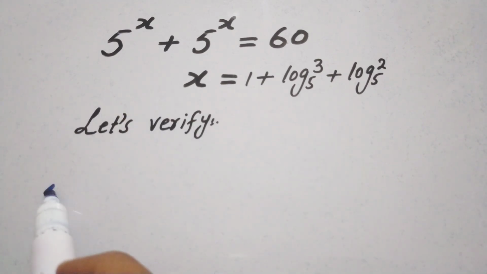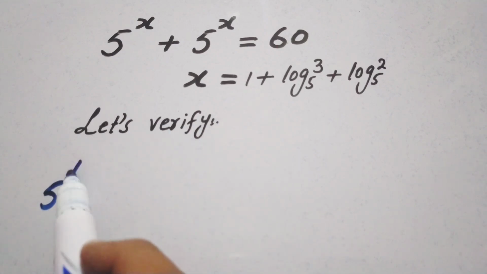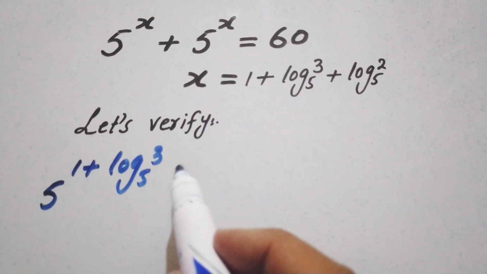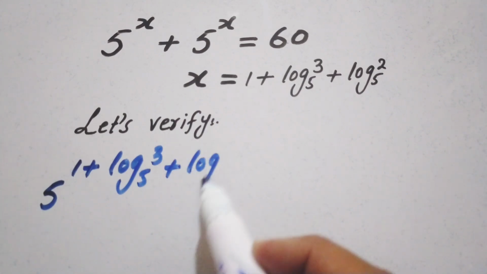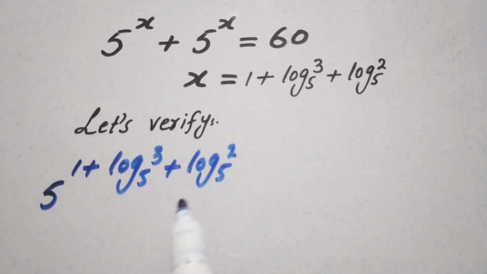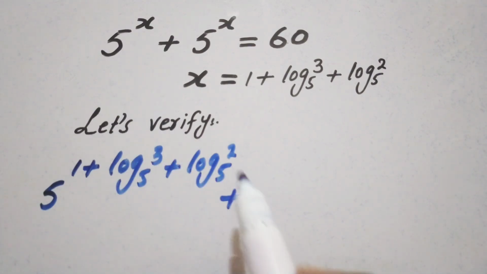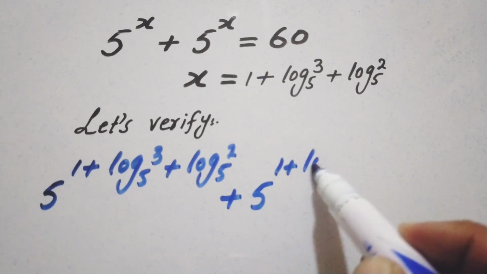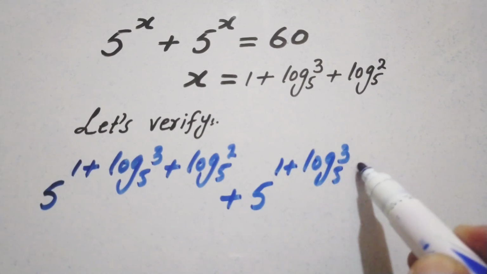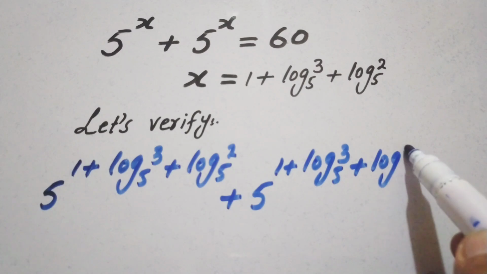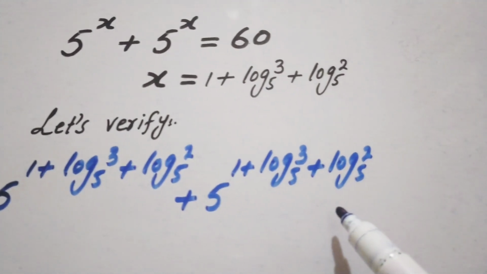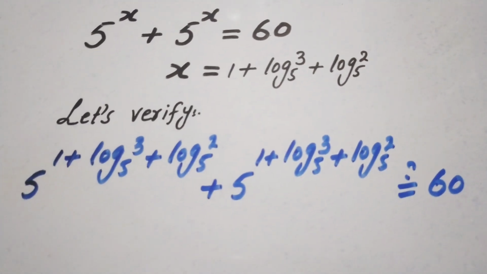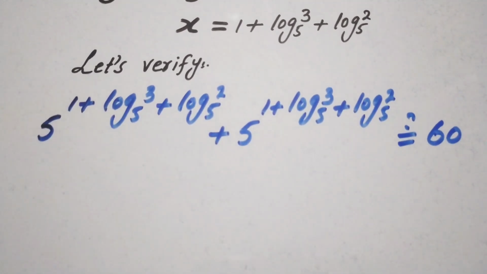So this will become 5 power x, which is 1 plus log of 3 to the base 5 plus log of 2 to the base 5, which we have used in place of x, plus 5 power x, which is 1 plus log of 3 to the base 5 plus log of 2 to the base 5, and at the right hand side we have 60. So we are going to prove whether left hand side is equal to right hand side or not.